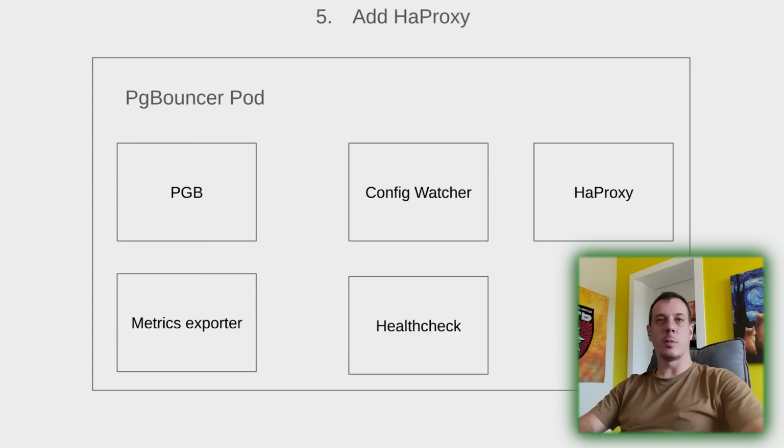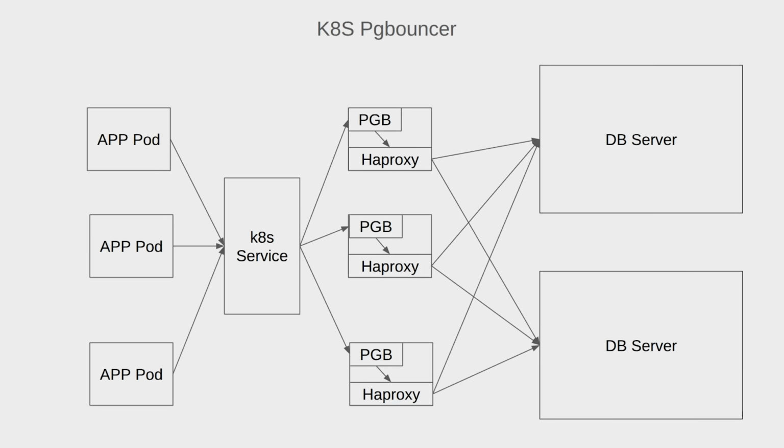We experimented with a proxy for database liveness checks, but it's also a bit more complicated. It works, but it creates a double network load, because you have two proxies.